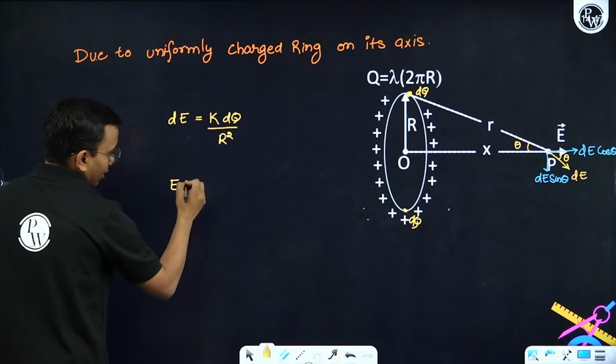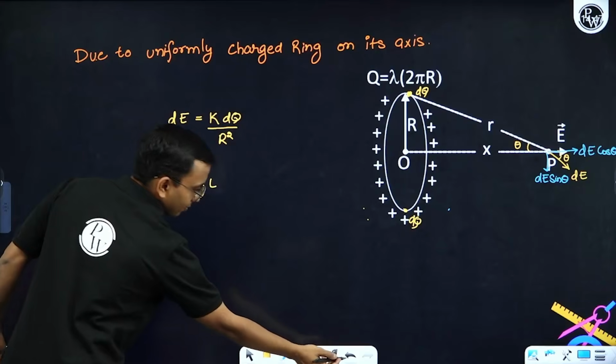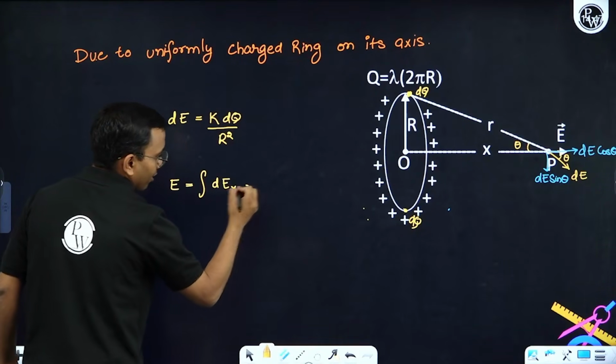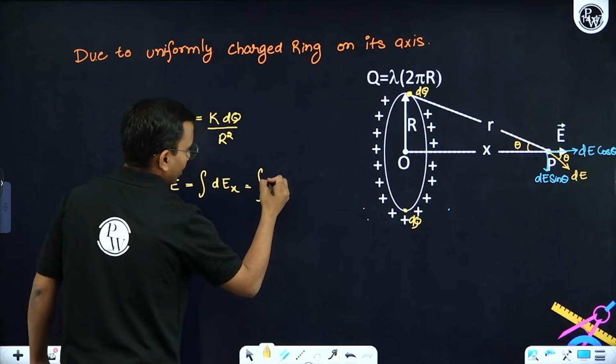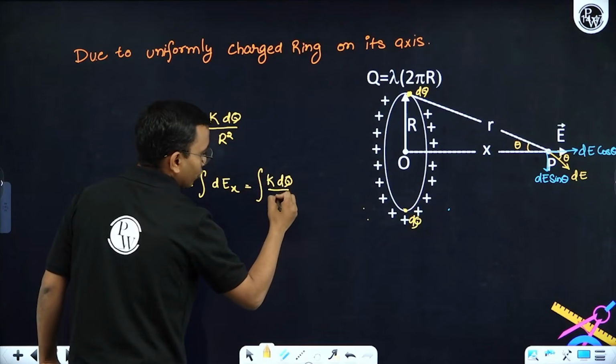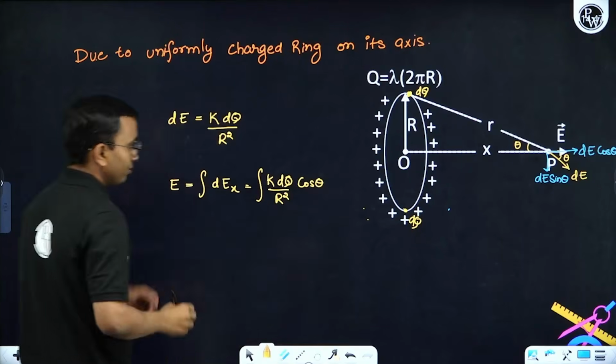E is just the integration of dEx, the horizontal component, that is k dq by r square into cos theta.